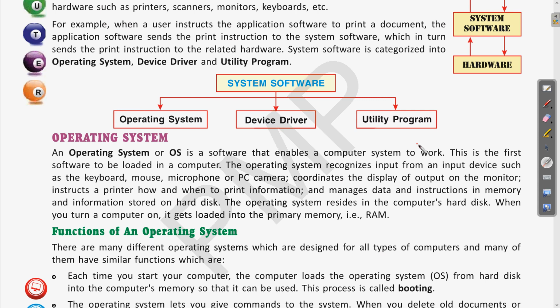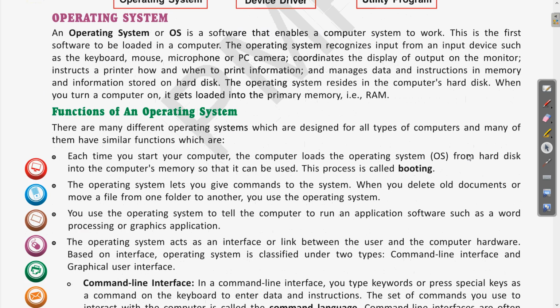So suppose if you are attaching any other external device like mouse or keyboard, or if you are connecting your mobile phone with the help of a USB cable, the operating system is the software which controls these functions. Clear? It allocates the time for different programs if you are running different things.